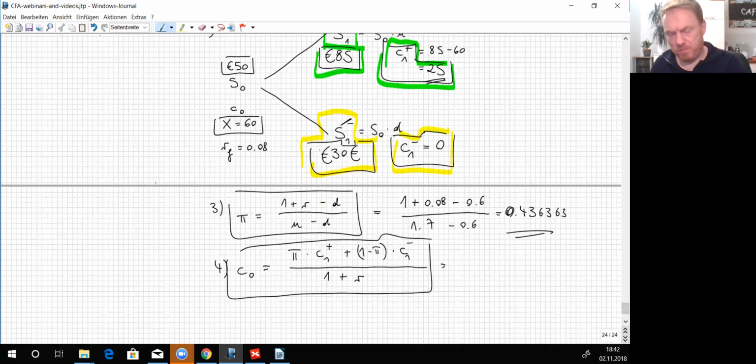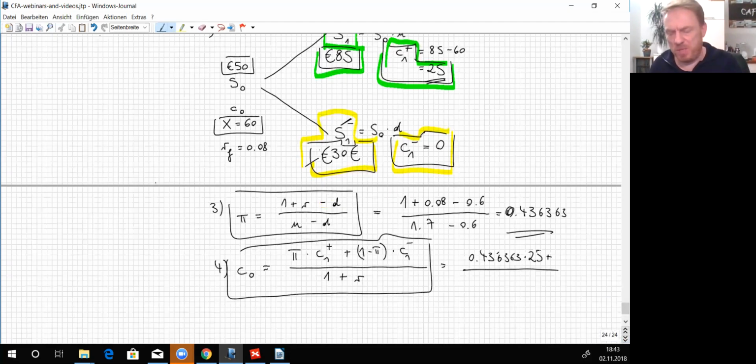Which is, pi was 0.436363 and so on, multiplied by, what was it? C1 plus equals 25, doesn't it? Yes. And then there's 1 minus pi.